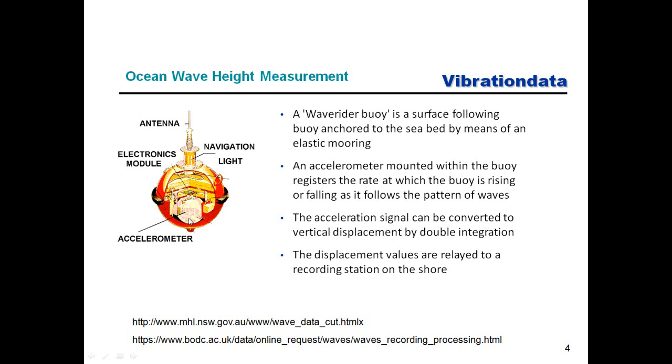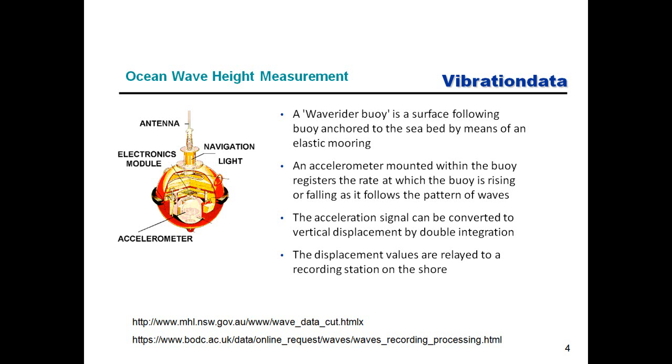Their sensor is an accelerometer, which is measuring acceleration in response to the patterns of the waves. So this wave rider buoy, I should say, is rising and falling. Now that acceleration signal can be converted to vertical displacement by double integration, and that can be done either in the time domain or the frequency domain.